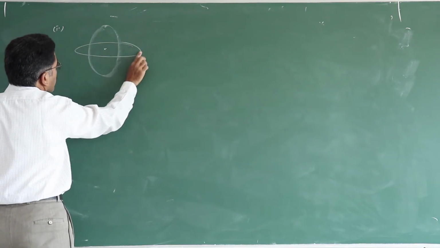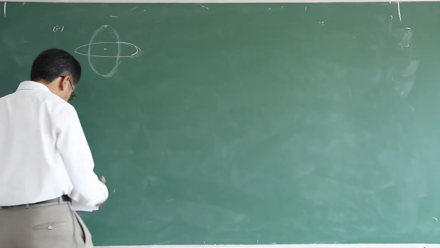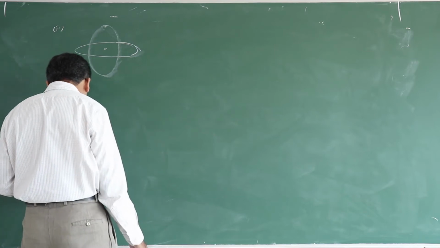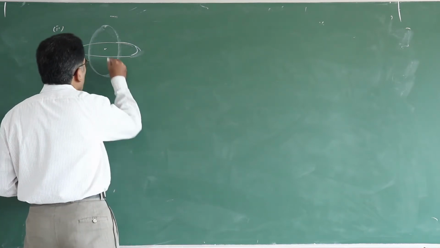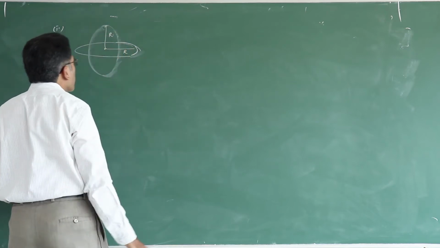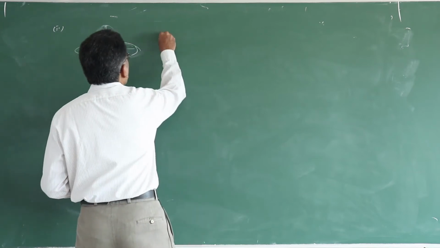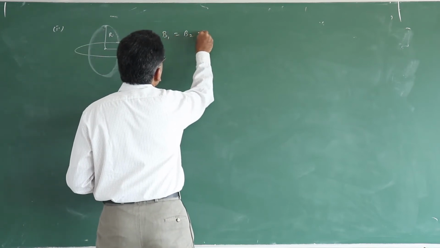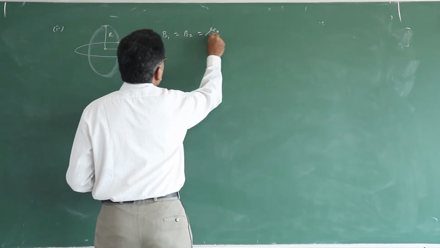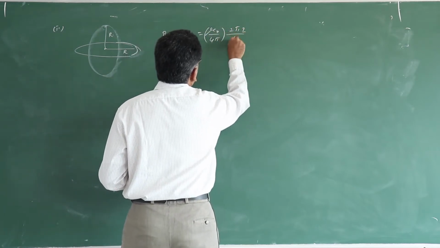They have a common center, and both are of the same radius. Then B1 is equal to B2, carrying the same current, mu naught by 4 pi, 2 pi I by R.